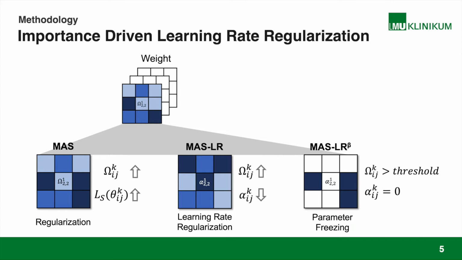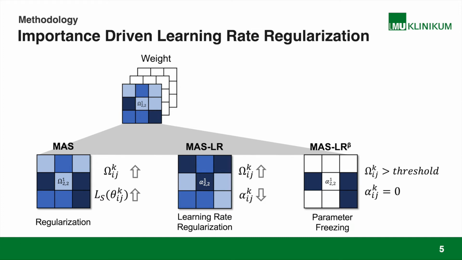While the surrogate loss in MAS indirectly penalizes changes of the parameters, learning rate regularization provides a more direct means to avoid changes to important parameters. But the soft penalty might not be sufficient to enforce the network to retain old knowledge. Taking inspiration from network pruning methods, we propose our second approach, which is called MAS-LR Beta.